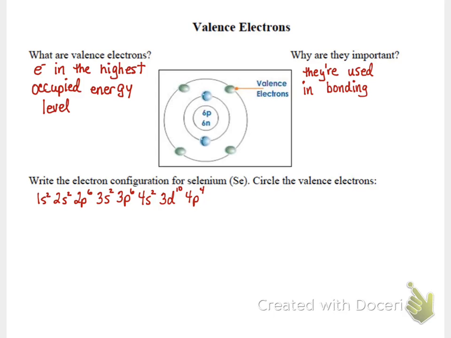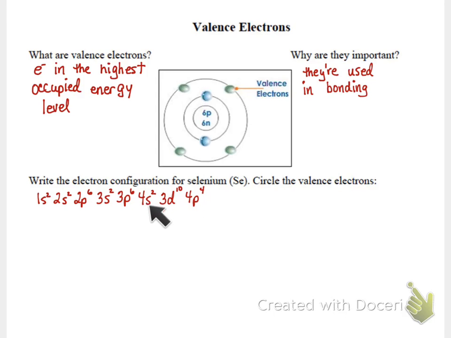So here's selenium, 1s2, 2s2, 2p6, 3s2, 3p6, 4s2, 3d10, 4p4. The highest occupied energy level here is 4. Remember that we're going to start filling 4 before energy level 3 is completely filled. So it's 4s2, 3d10, 4p4.